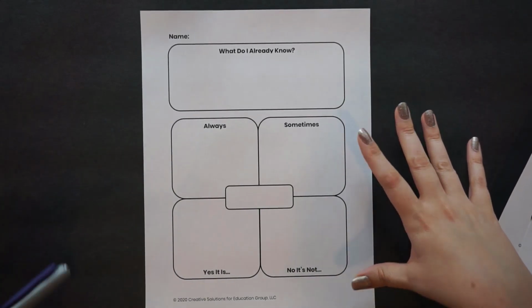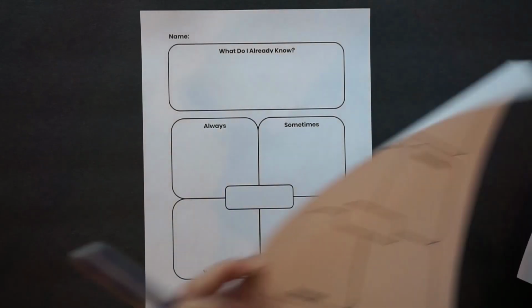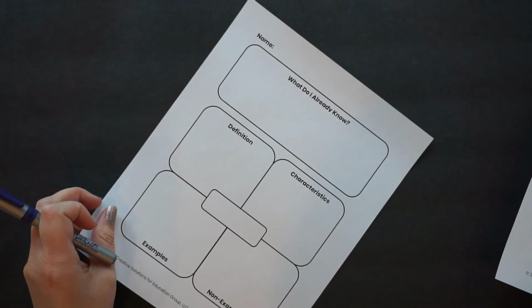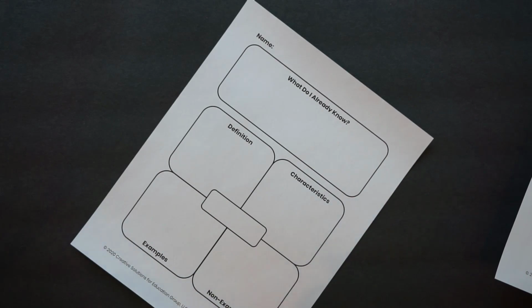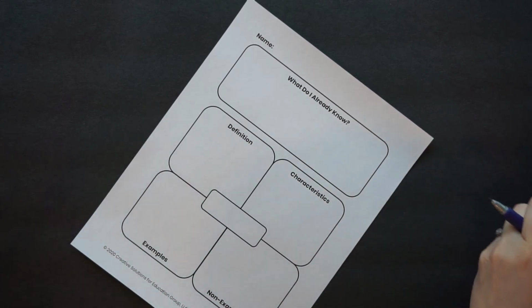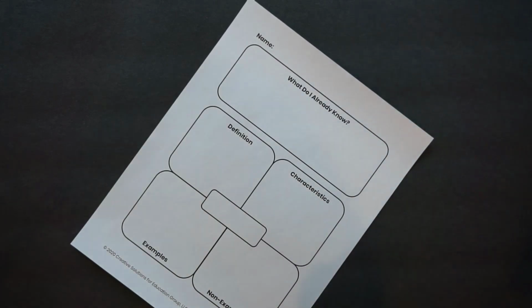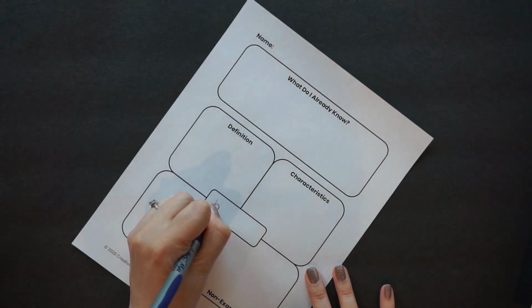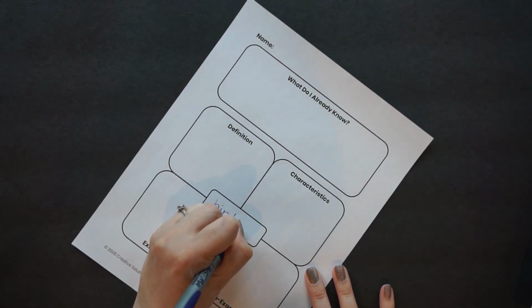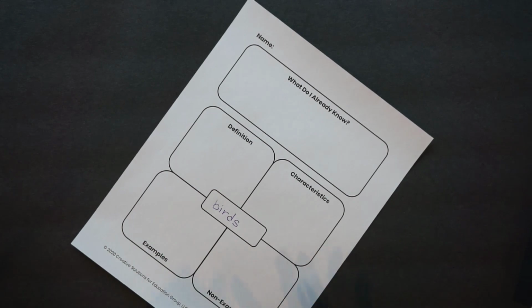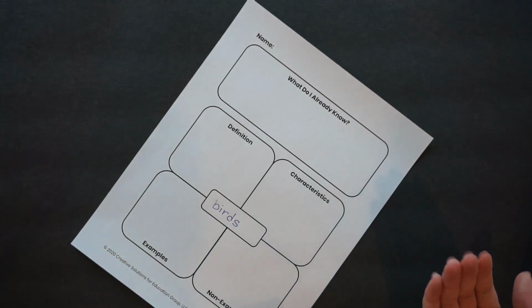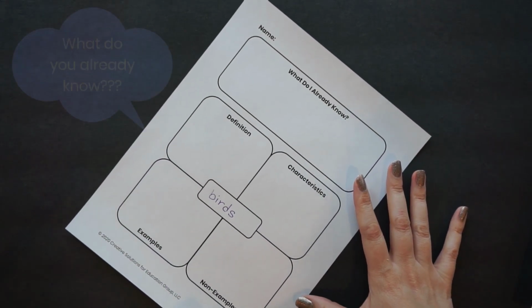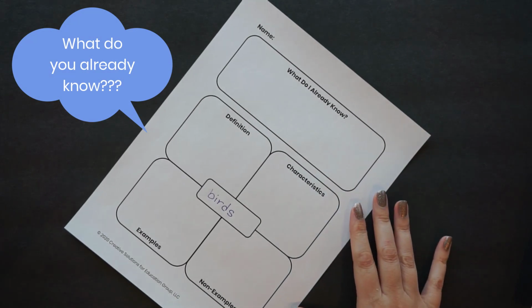So if we look at the traditional one, let's run through that first, and I'm a lefty, so I need to turn my paper here. We are going to talk quickly, to give an example, about birds. So this is our topic, which would go in the middle. And then you are going to activate the prior knowledge. So asking the child what they already know about this.